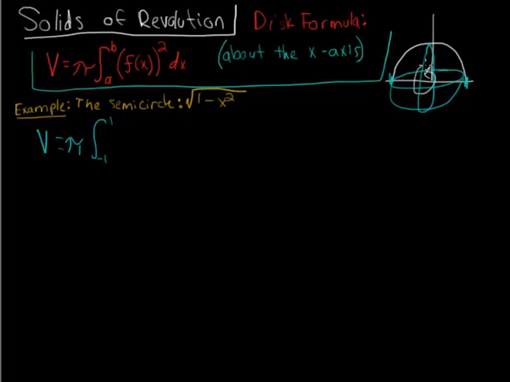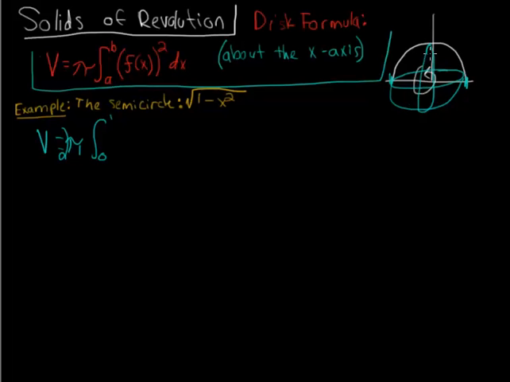The bottom will be -2 if we take the integral of this, so it'll cancel out to 0. So instead of writing -1 to 1, we're going to change it to from 0 to 1, and then multiply it by 2. So 2 pi times the integral from 0 to 1. So we're just going to be taking 2 of the top halves, the top hemispheres, instead of the bottom and the top.